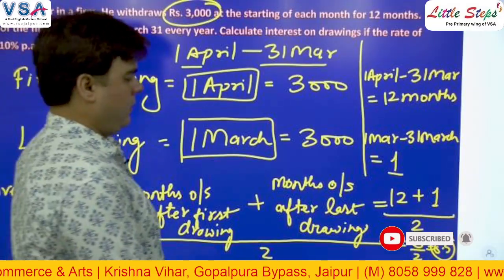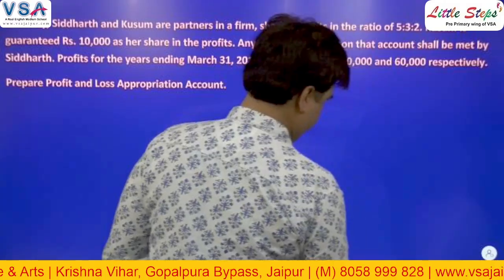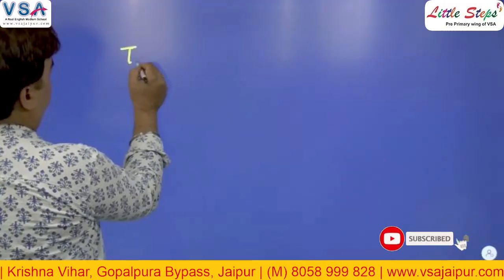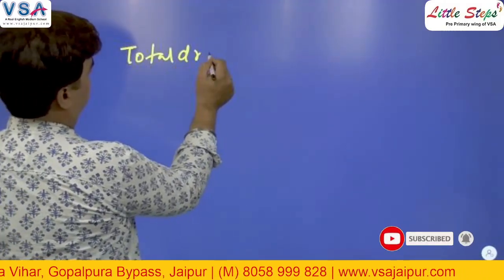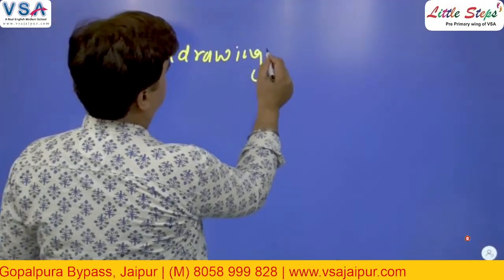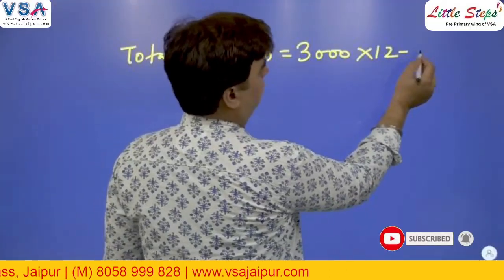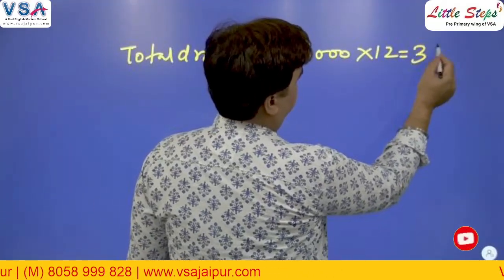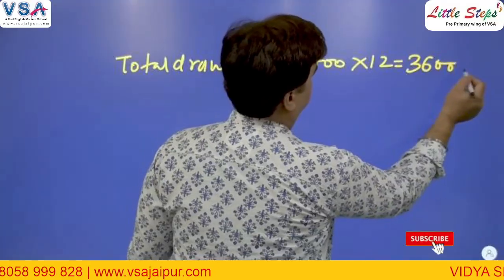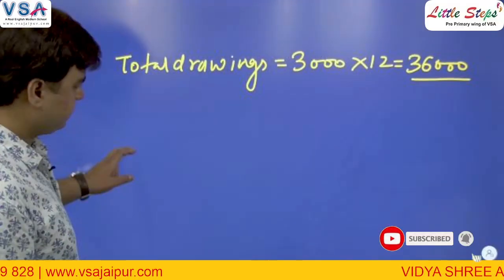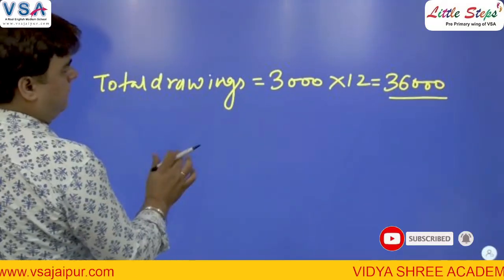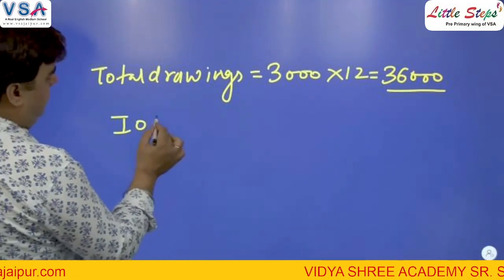Now, total drawings for the whole year कितनी हो गई? 3000 per month, and total year, the total months are 12. So this will be 36,000 for the whole year, right? Now, simply interest on drawing we have to calculate.